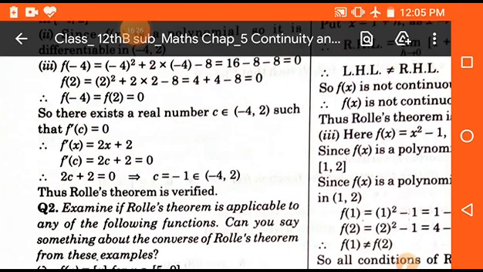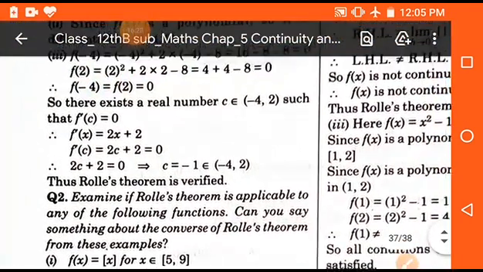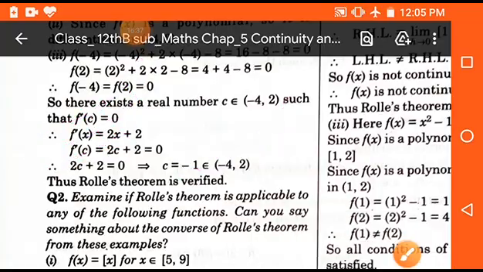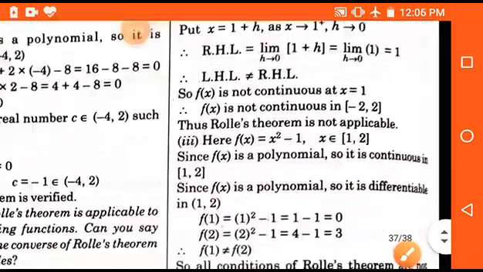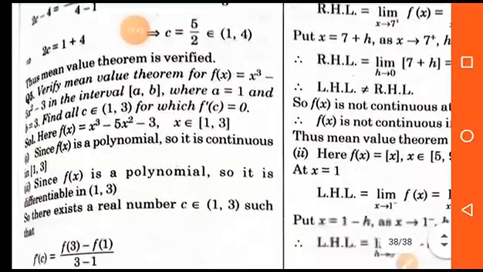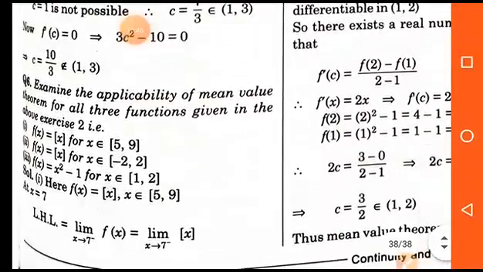Clear? So put in the formula f dash c is equal to 0, and putting the value we get c is equal to minus 1, and it lies between the given interval. Clear? So with the help of this we can verify Rolle's theorem. Clear? Okay students.